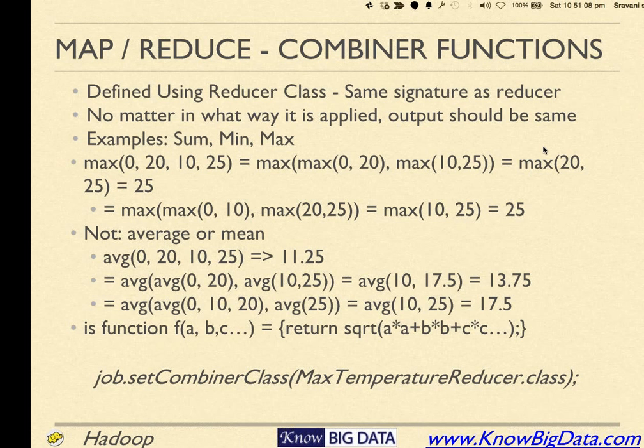So Urs is saying that you could do the sum of the squares in the combiner, but the square root in the partitioner. How will you do the square root in the partitioner? In case of a partitioner, you only get one key value at a time. You don't get multiple key values at a time.